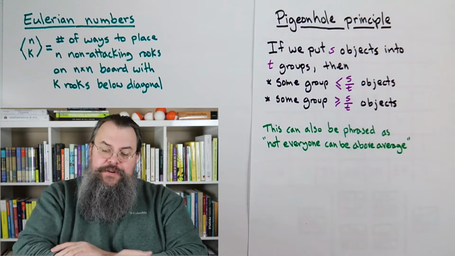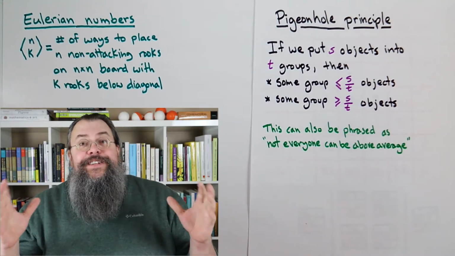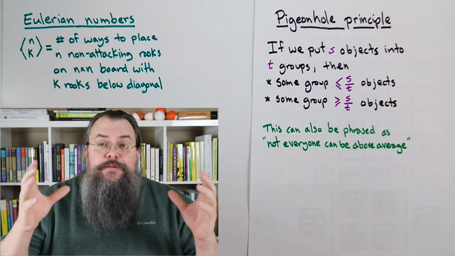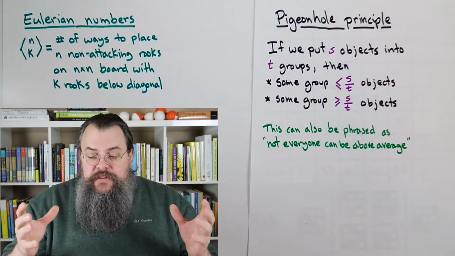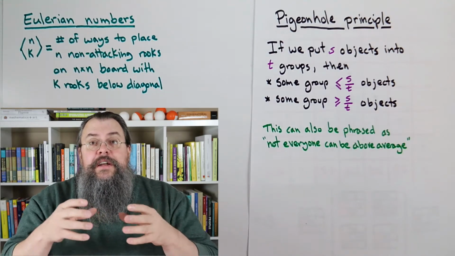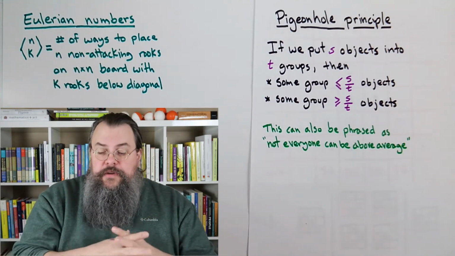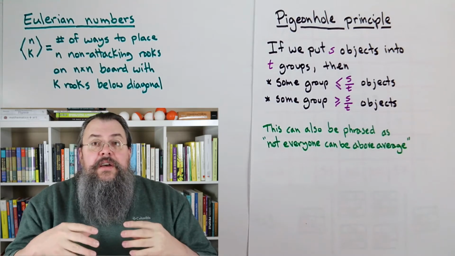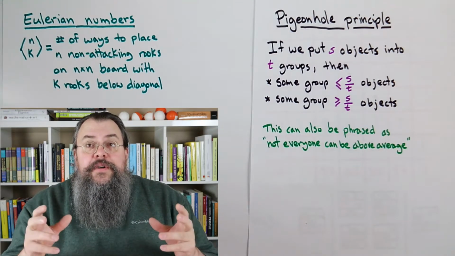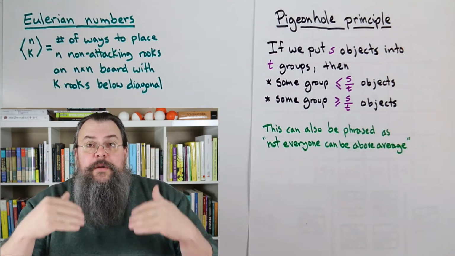Now, what is the pigeonhole principle? Here's a very fancy way of saying it. Suppose you have a collection of objects, and we'll say that there's S objects, and you're putting them into T groups. S is the number of objects, T is the number of groups. Now you might say, what's the average number of elements in a group? We take the total number of objects divided by the total number of groups.